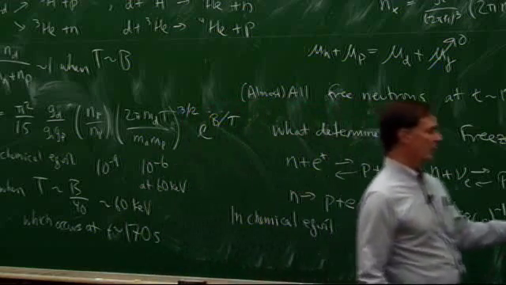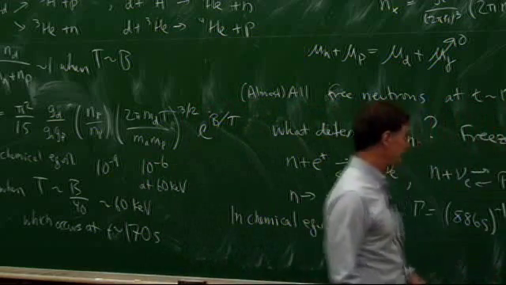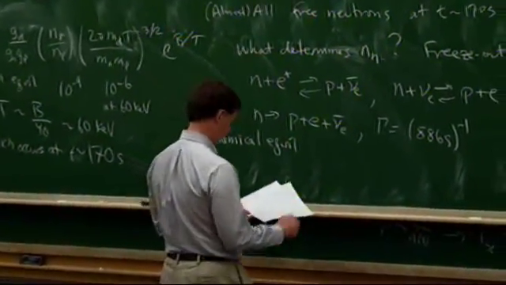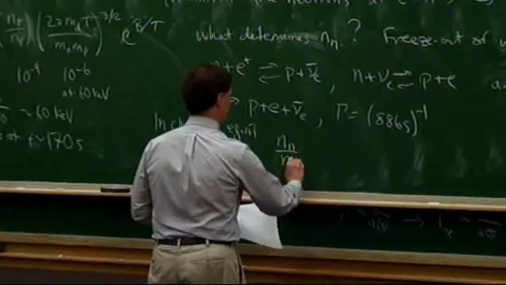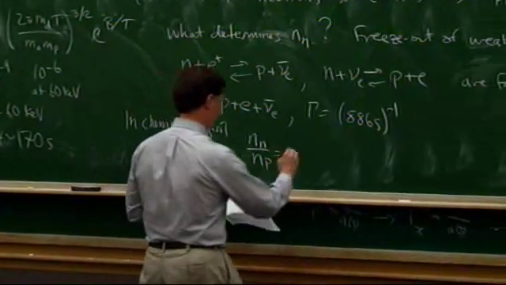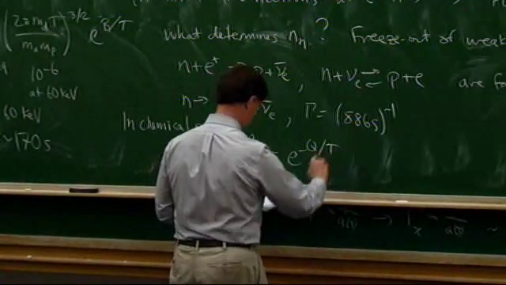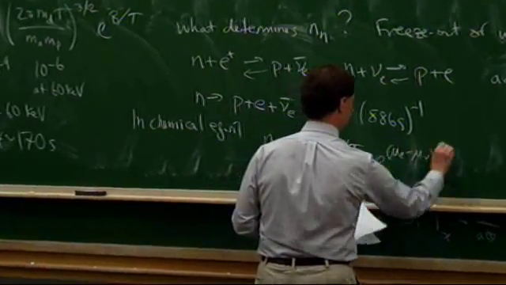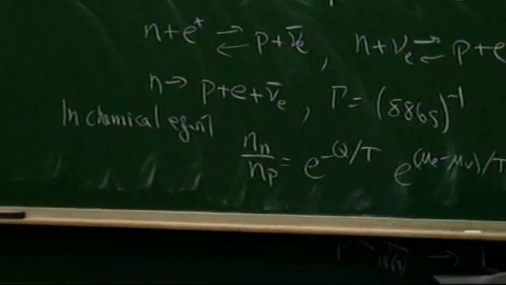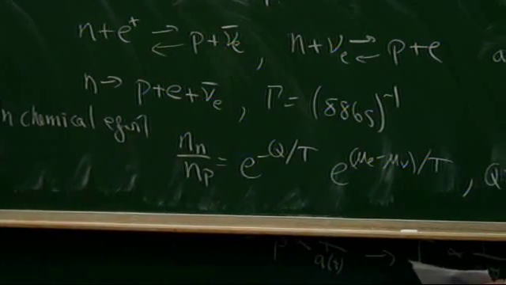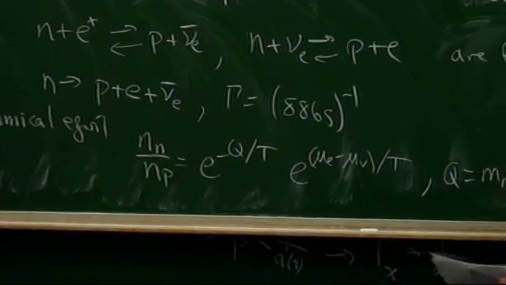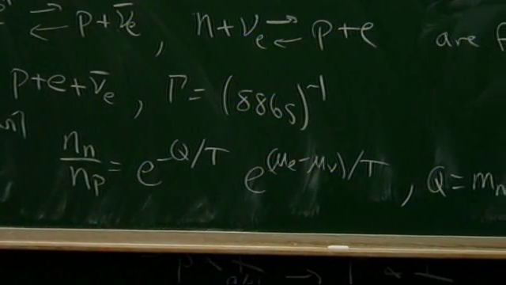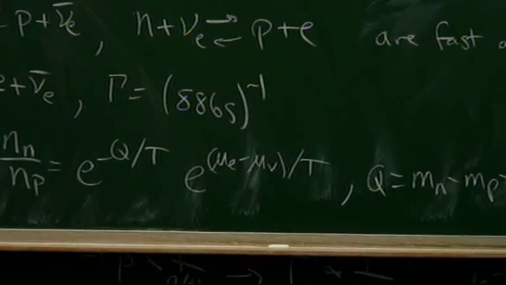And now in chemical equilibrium, which holds only above about an MeV in temperature for these reactions, the neutron to proton ratio is e to the minus Q over T, where Q is the neutron-proton mass difference, 1.3 MeV.